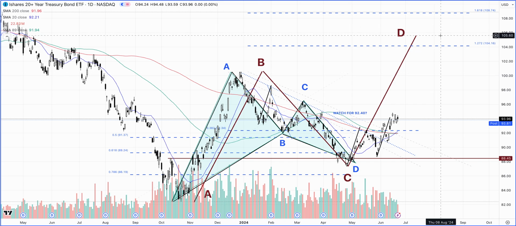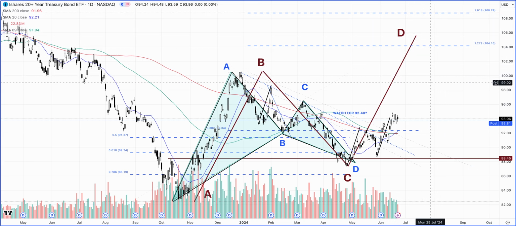The 1.6 expansion is a little bit higher, but that's the range we'll be watching. So we'll be keeping a keen eye on what's happening with the yields, because that's really important.